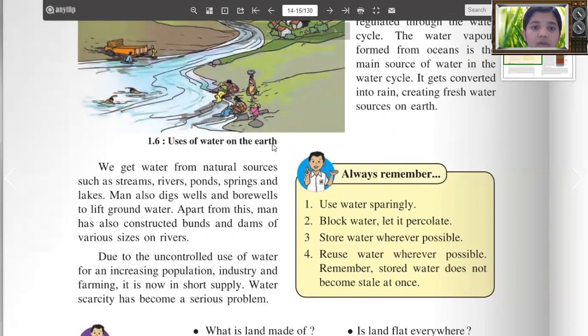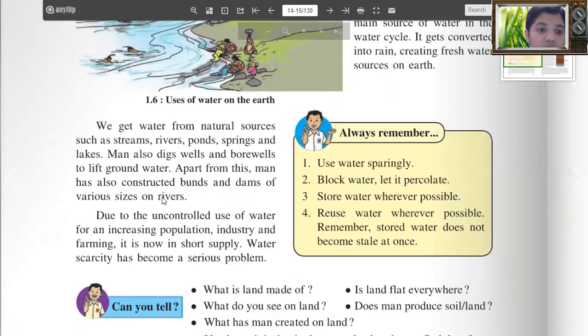Use of water on the earth. We get water from natural sources such as streams, rivers, ponds, springs, and lakes. Man also digs wells and bore wells to lift groundwater. Apart from this, man has also constructed bunds and dams of various sizes on the earth.